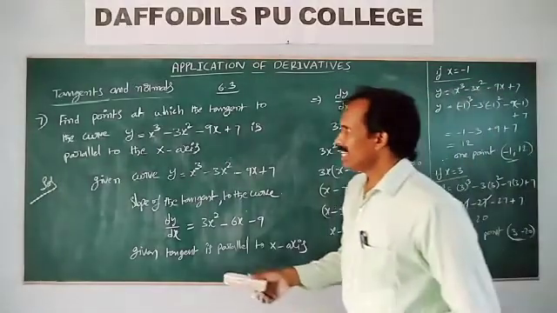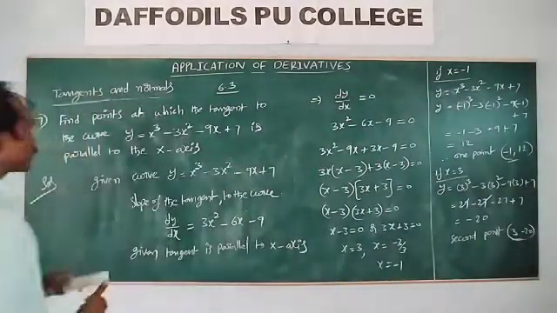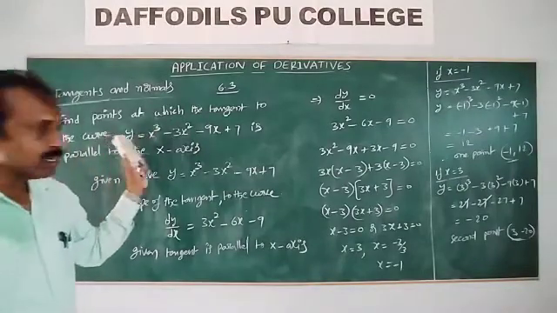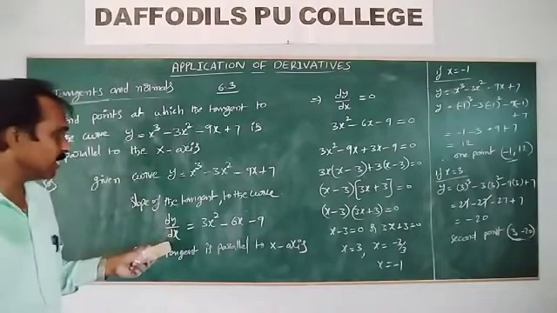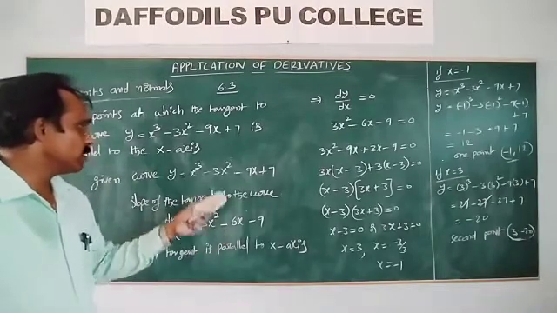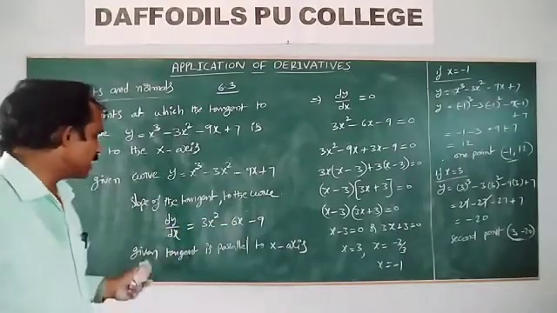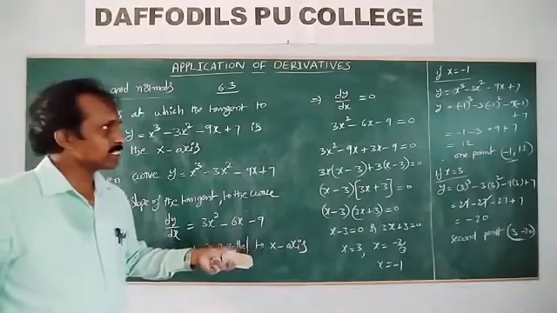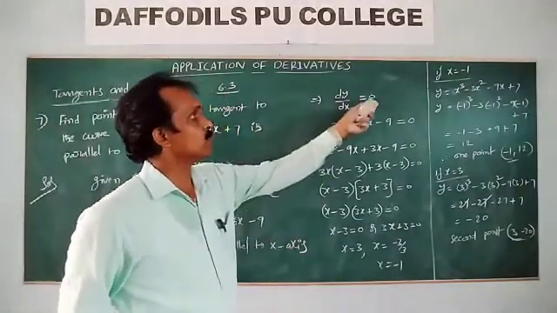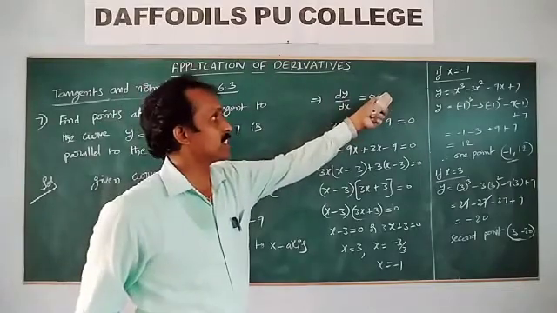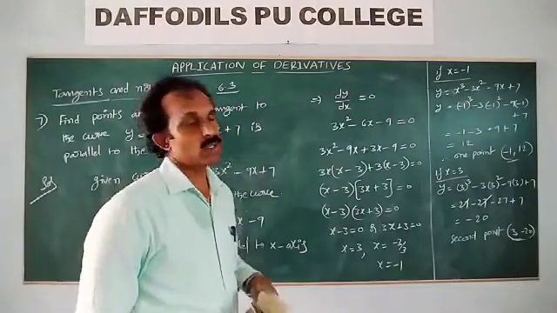Okay. Find the points at which the tangent to the curve: first of all, take the curve equation. We want the slope of the tangent, means dy by dx, 3x square minus 6x minus 9. So given tangent is parallel to the x-axis means slope of the tangent is equal to slope of the x-axis. Slope of the x-axis is equal to 0. Therefore dy by dx is equal to 0.